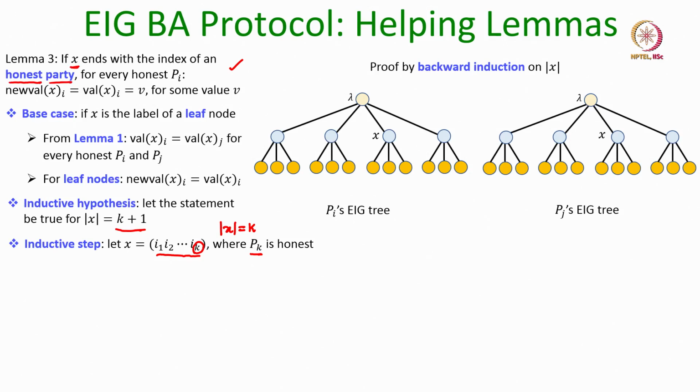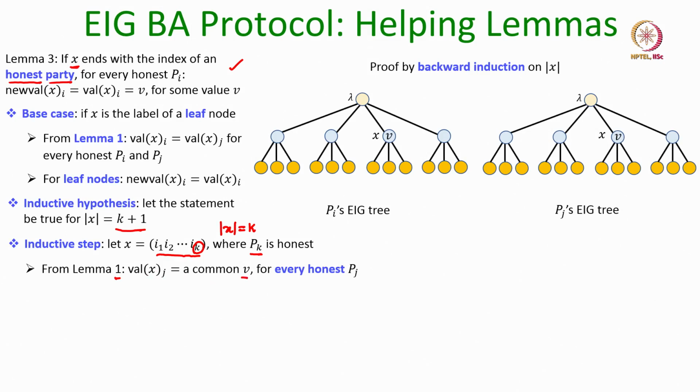Okay. So, what is going to happen in the protocol, and what exactly are the things which we already know? Let me trigger lemma number 1 for this node x occurring at layer k. What we know is that across all the EIG trees corresponding to the honest parties, the old value which is assigned to x is a common value.